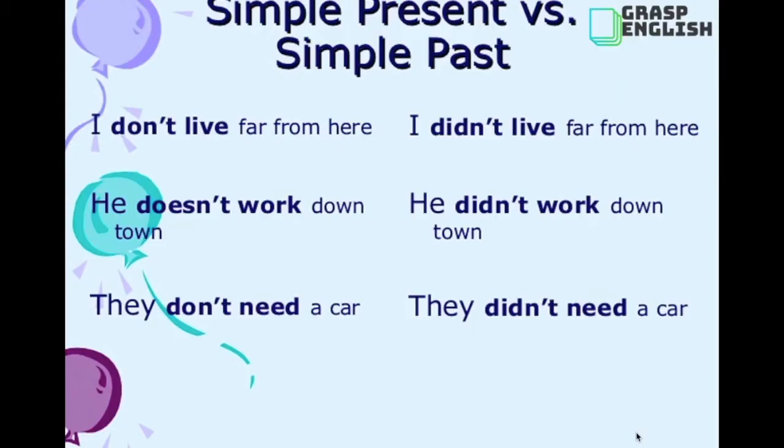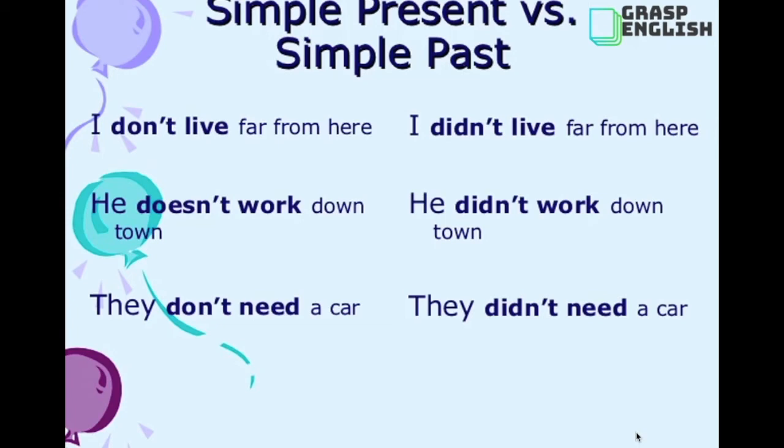See here. Now I'm going to tell you about the simple present and the simple past, that is, don't and didn't. I don't live far from here. I didn't live far from here. He doesn't work downtown. He didn't work downtown.